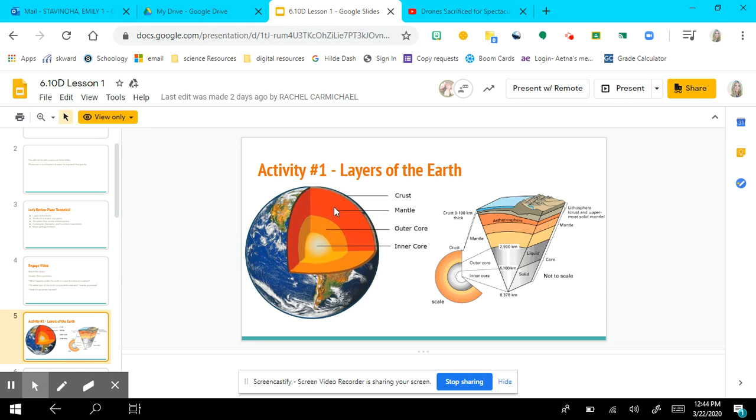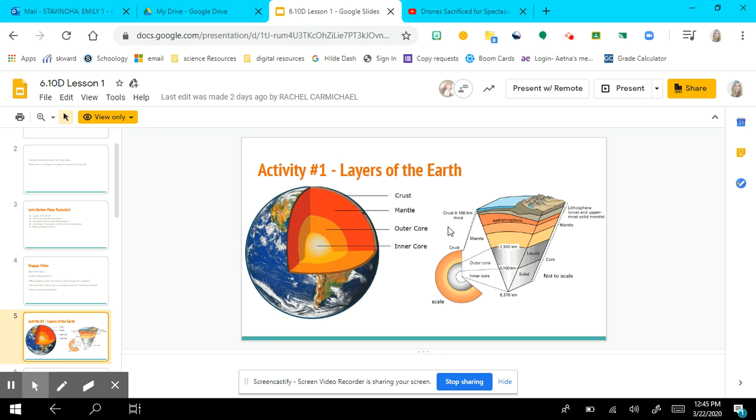The mantle is a solid, but it acts like a liquid, so it's plastic and putty-like, and that contains part of our asthenosphere. Our asthenosphere is our middle part of our mantle and the inner mantle, okay?